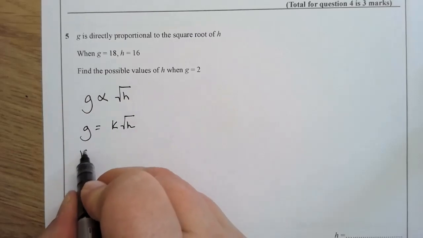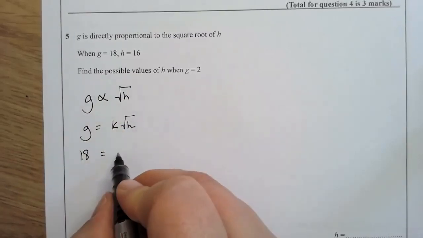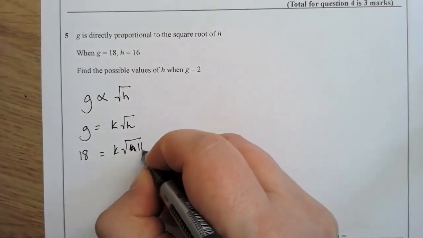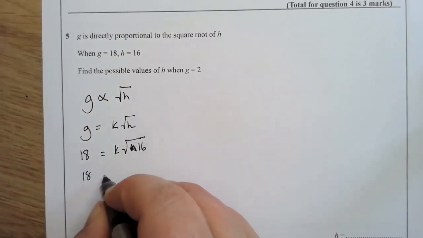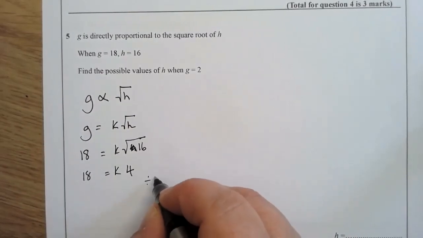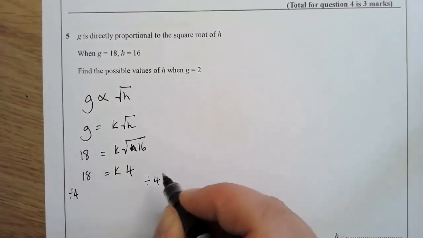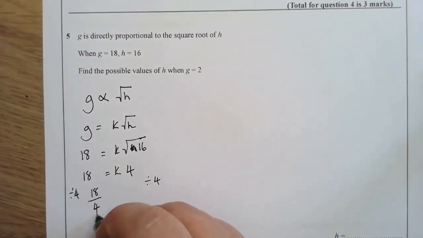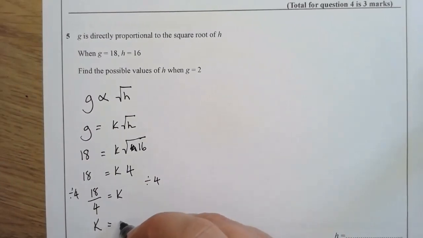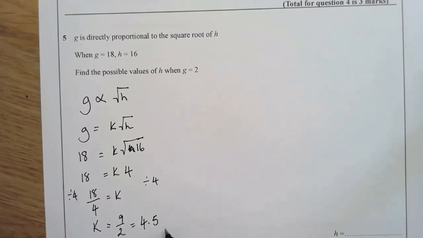We know that when G is 18, H is 16, which is nice because it's square roots. 18 divided by 4 is the same as 9 divided by 2, which is the same as 4.5. You can leave it as a fraction or as a decimal, your choice.